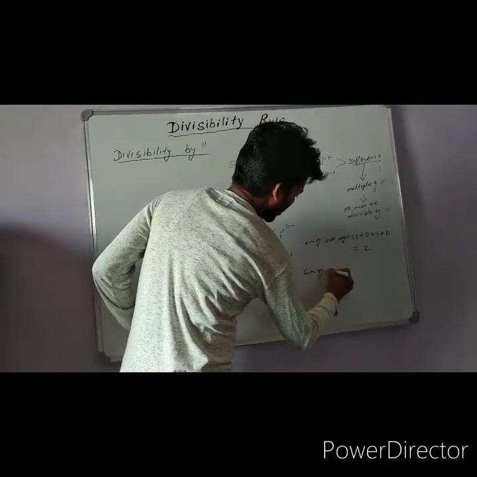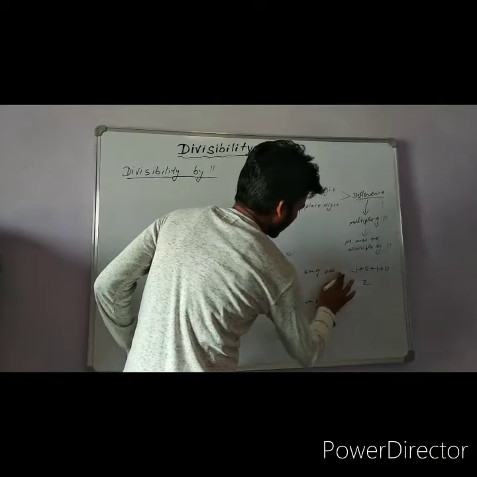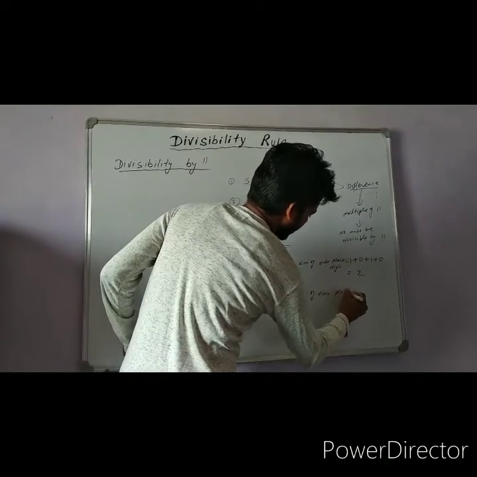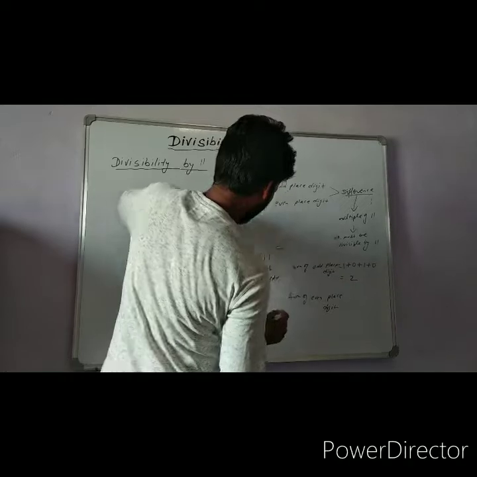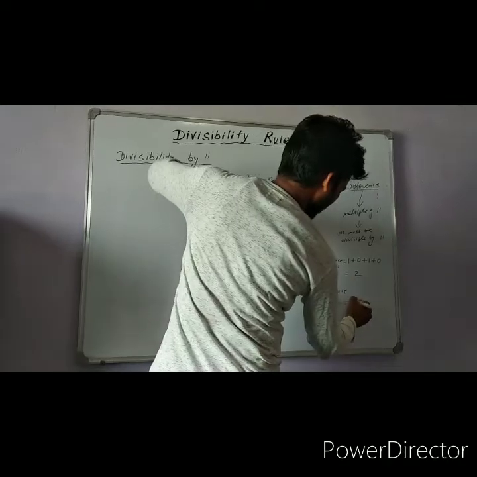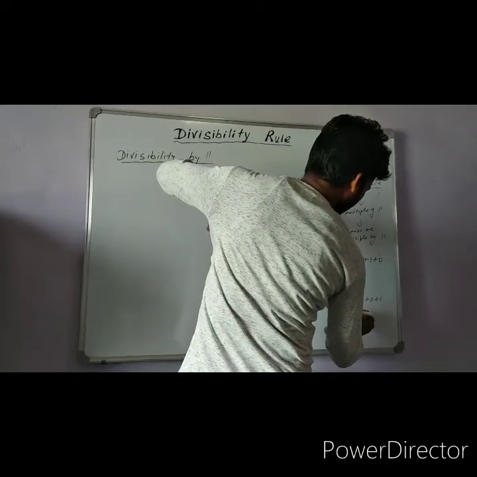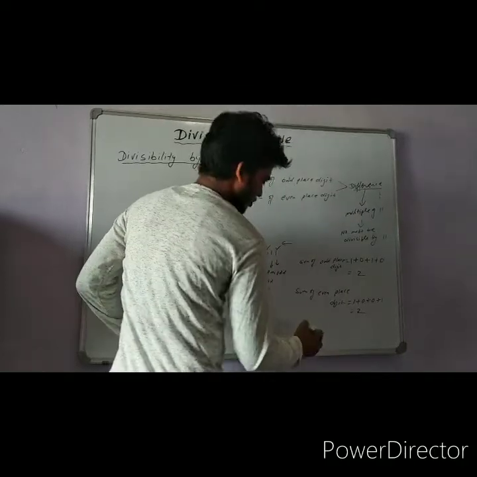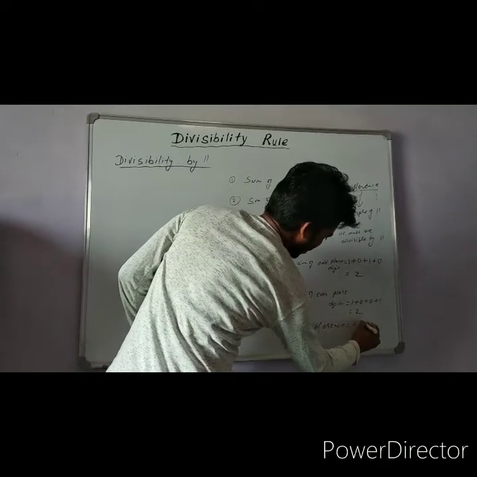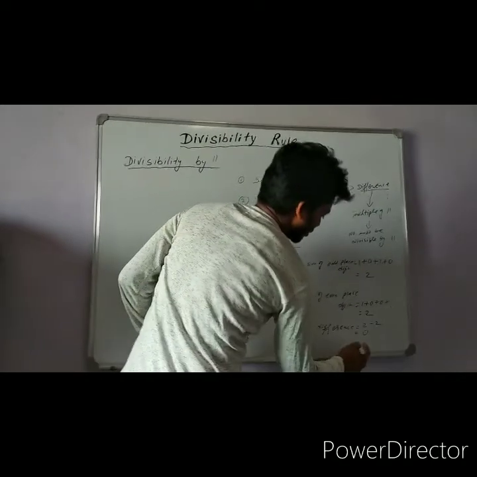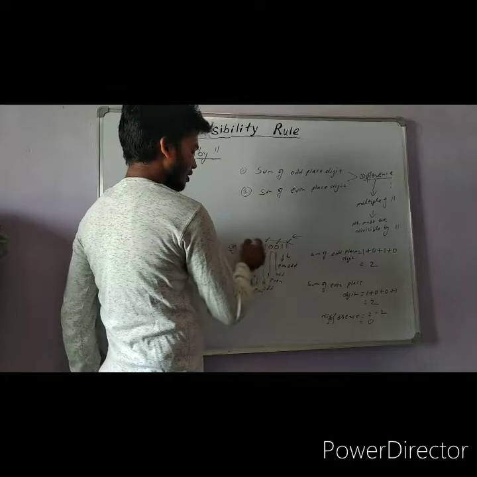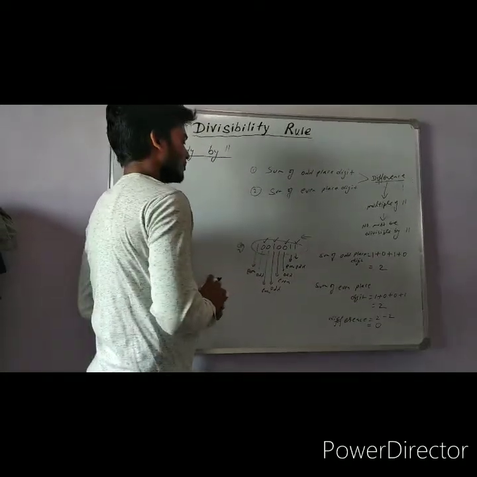The sum of the even place digits: 1 0 0 1, which is 1 plus 0 plus 0 plus 1, this is 2. Now you have to find the difference between them. The difference is 2 minus 2, which is 0, and 0 is a multiple of 11. Therefore this number is divisible by 11.